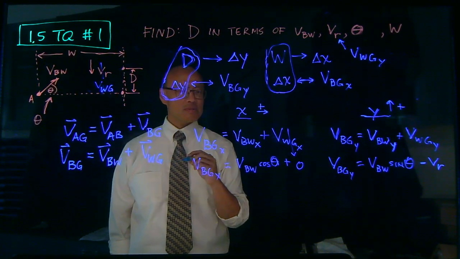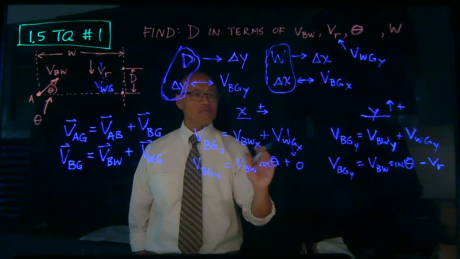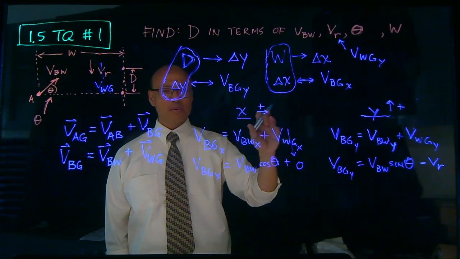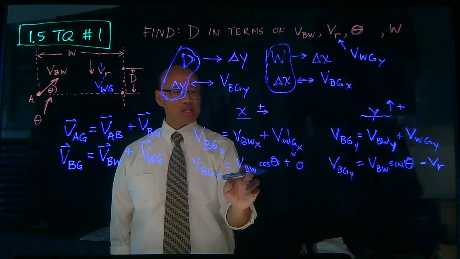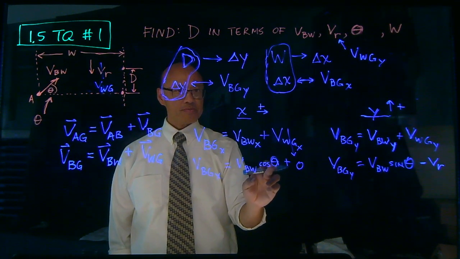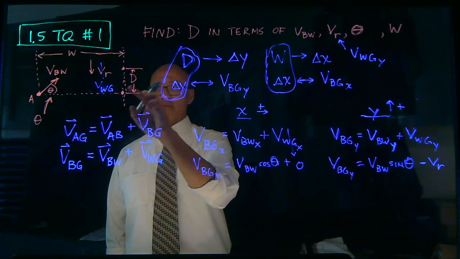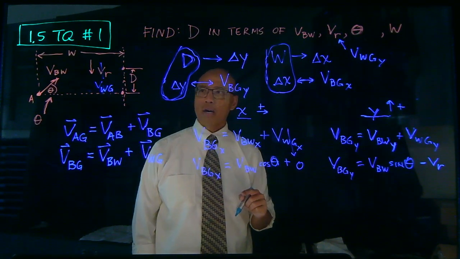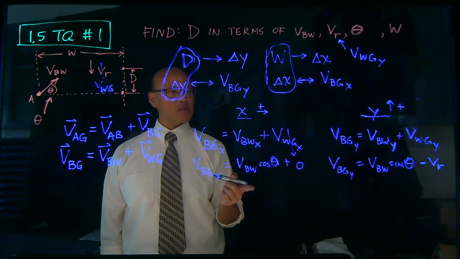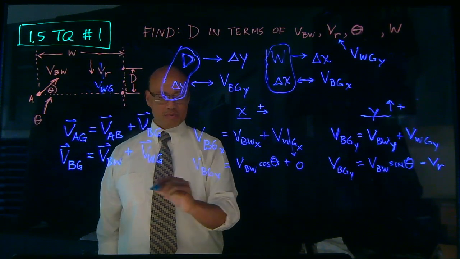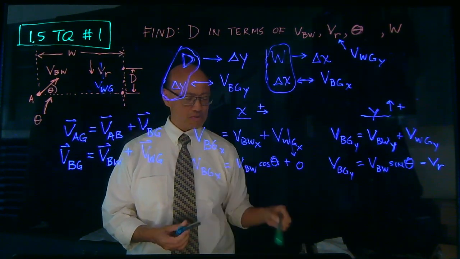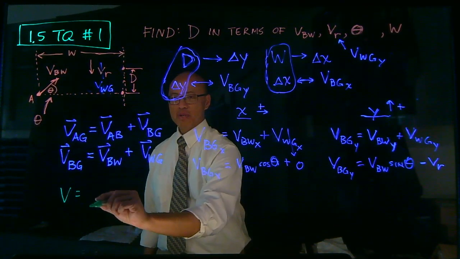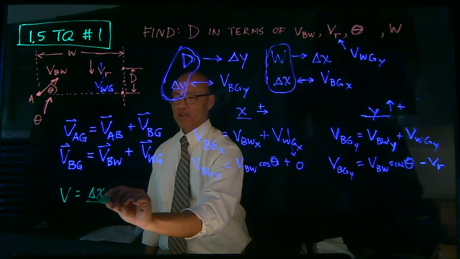So how long does it take to, well, let's see. My X is what? I travel W in a certain amount of time, and that's based on VBW cosine theta. The distance I travel depends on VBW sine theta minus VR. They also take the same amount of time, right? So if we remember our time models or our basic kinematics, a velocity is equal to a displacement in the x direction divided by time.